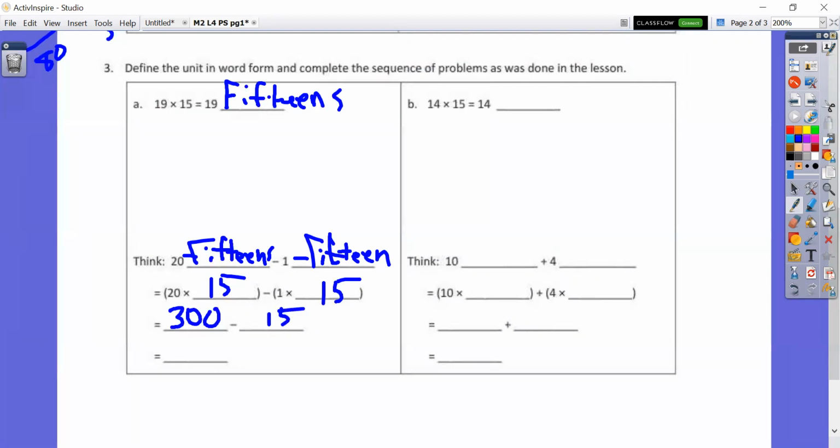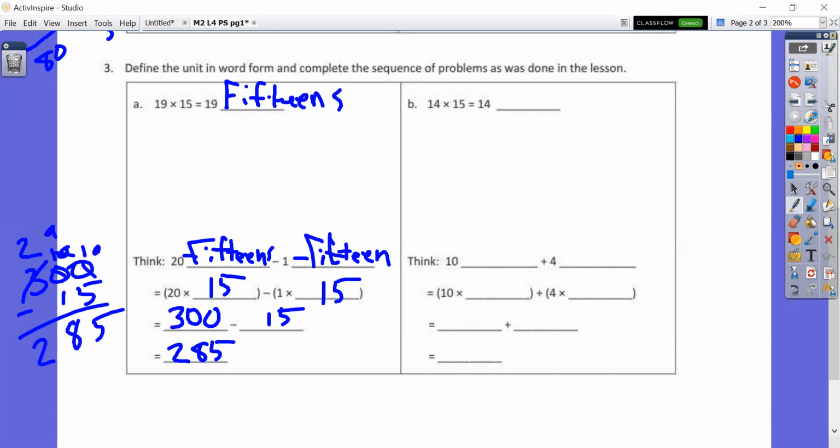And then I'm going to subtract 15. If you can't do that in your head and get 285, that's okay. We'll get you there, but you're just not there yet. So you're going to have to practice with your standard algorithm. 285, right?